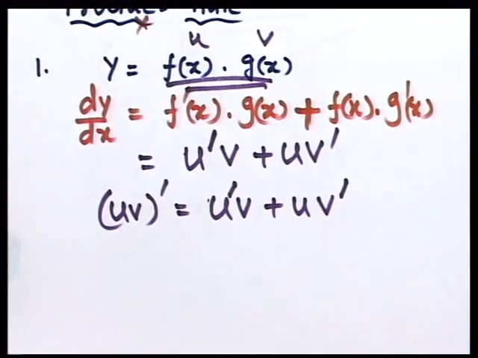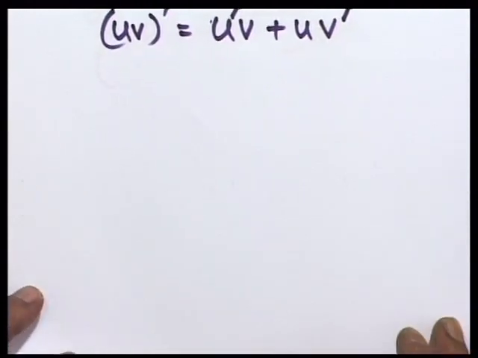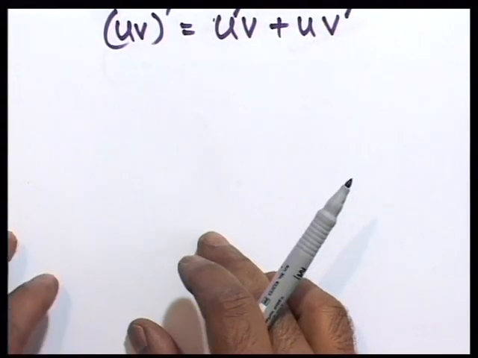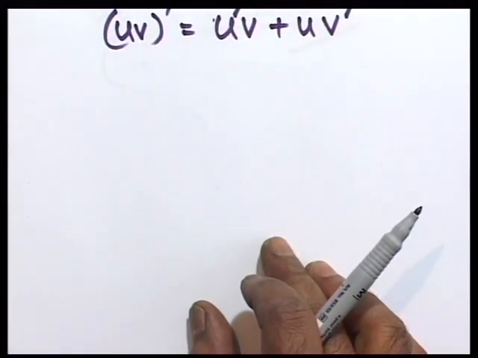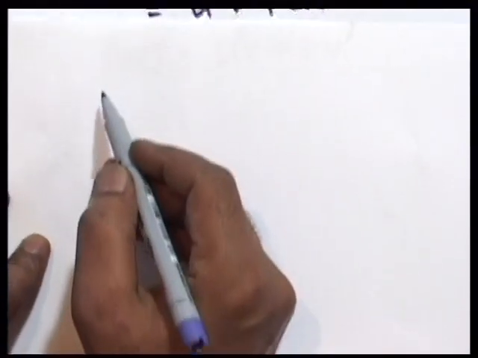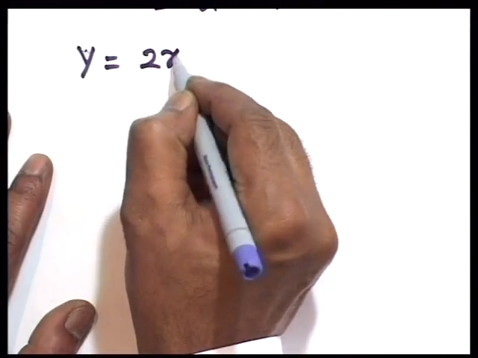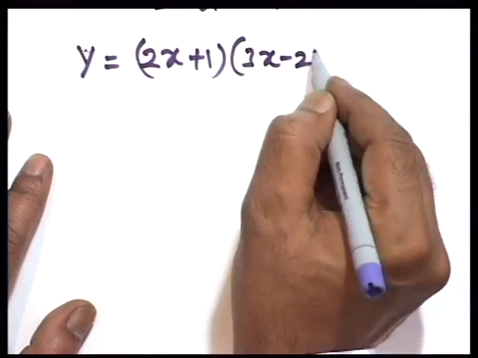So I want to solve one question again using the C2 style, and then we will do the long way. So I'm taking one problem here. Suppose we have y equals 2x plus 1 multiplied by 3x minus 2.